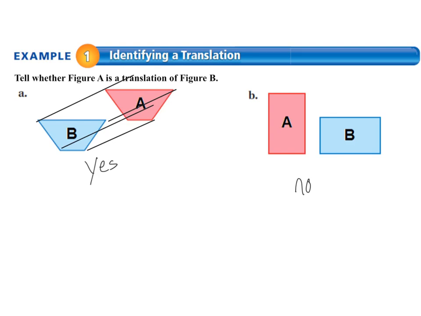But if we started to make those same lines that I did on the first one, so let's say this vertex moved here, that would mean maybe that this vertex moved there, and you can see these lines aren't parallel, it's twisted around.